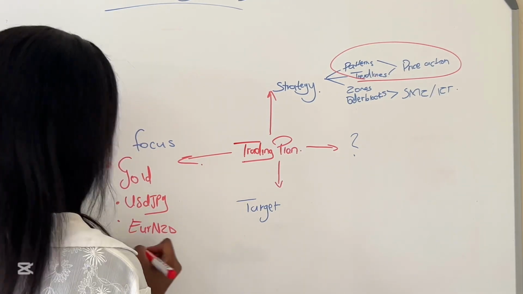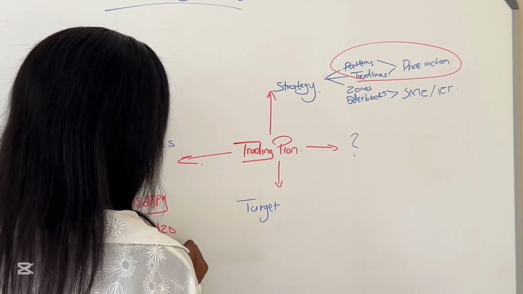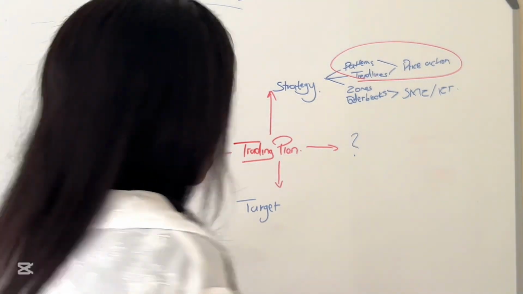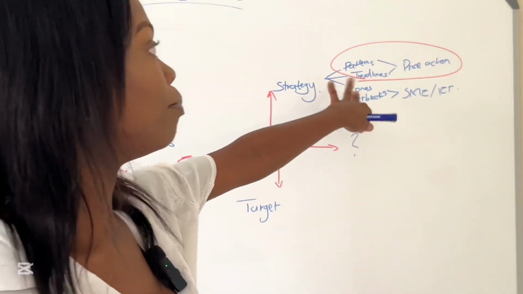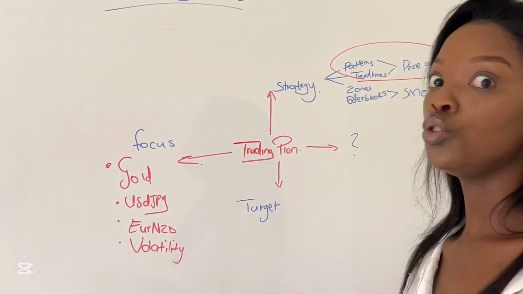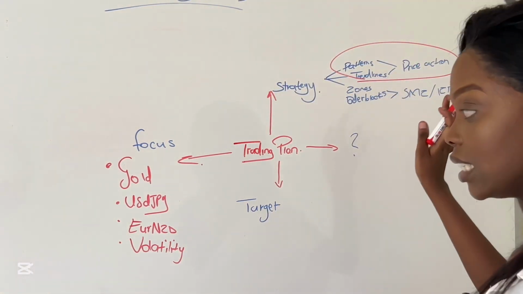I implement the strategy on volatility, and others, of course. So where do you implement your strategy? Basically, the question is, what do you trade? So this is where I implement this strategy.